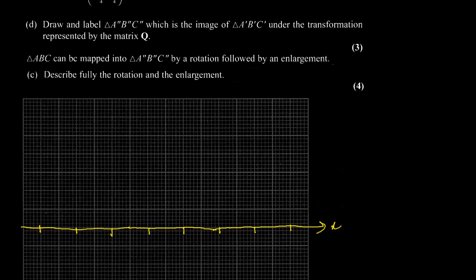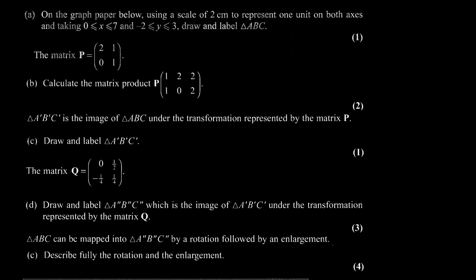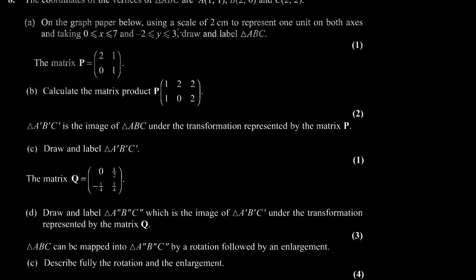So let's take this. This is x. So we need 2. If we start from here, this is 1, this is 2, this is 3, this is 4, this is 5, this is 6, this is 7. So y has to be from -2 to 3.